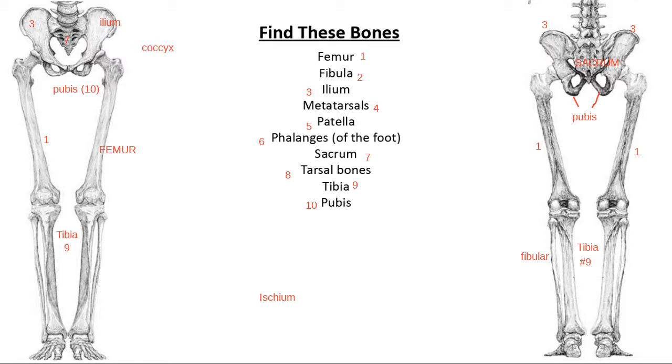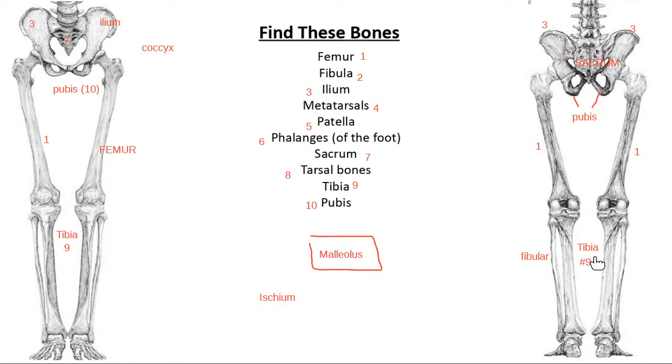So here's a teaser for the word we're going to use later in class today. Those bumps that you feel on either side of your ankle joint, they are called a malleolus. That's a word that means bump. So we've got the lateral malleolus, it's on the fibula, because the fibula is on the outside, and the medial malleolus in the middle, that's on the tibia.